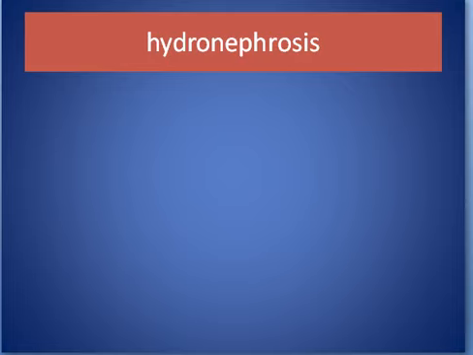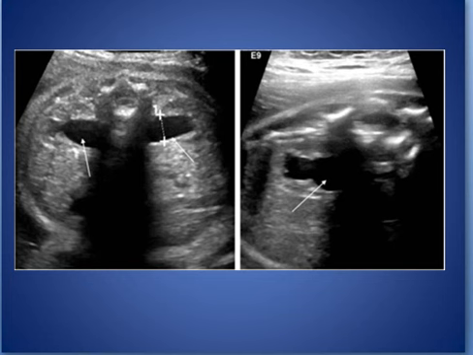Hydronephrosis, as we said, is the most common neonatal renal mass, and these are multiple cysts which communicate with each other.